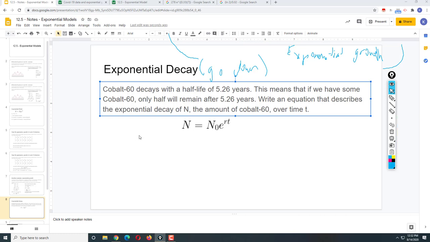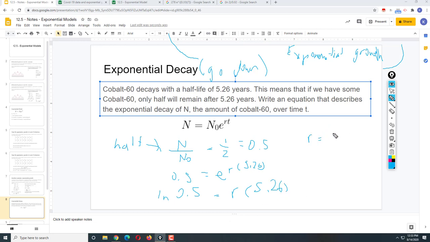Okay. So half means N over N naught, the amount now divided by the amount we start with, is equal to 1/2, or 0.5. That means 0.5, N over N naught, is equal to e to the rt. t is 5.26. That's how many years. And we want to know what r is. So we have ln 0.5 is equal to r times 5.26.